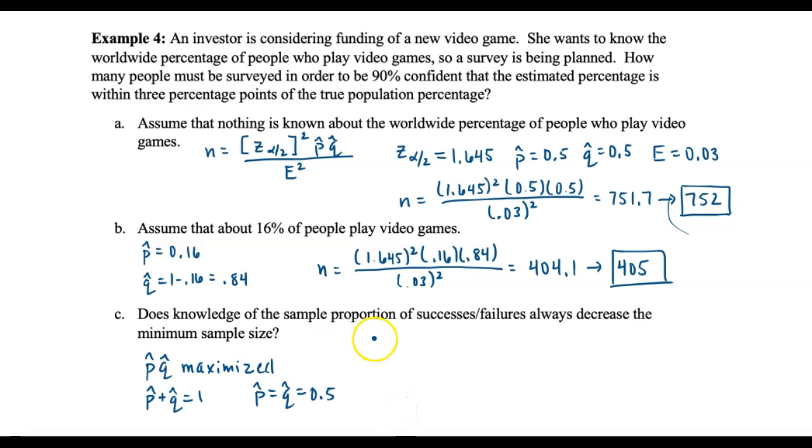And so does the knowledge of sample proportion always decrease the sample size? Yes. Unless the proportion of successes and failures is 1/2. So unless p hat equals 1/2. If p hat equals 1/2, we know q hat equals 1/2. All right, so that's just kind of something to think about, a pattern that you'll see.